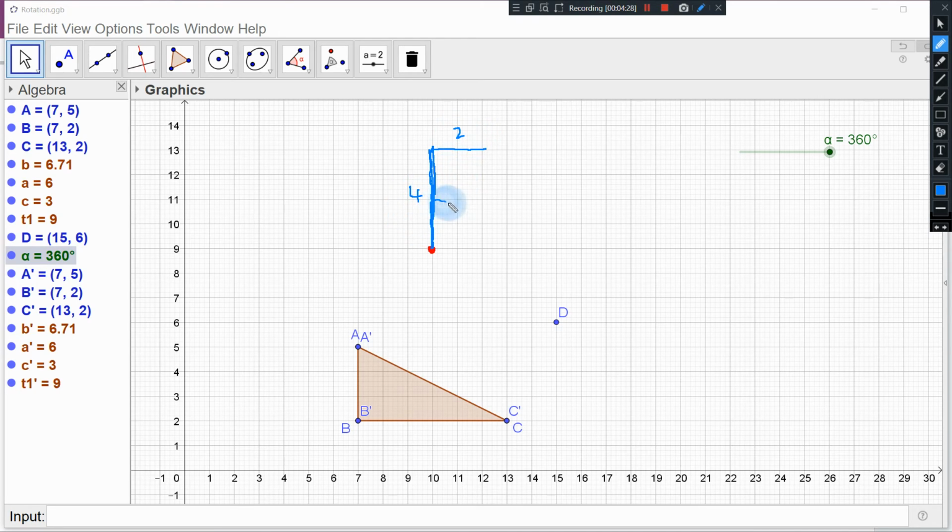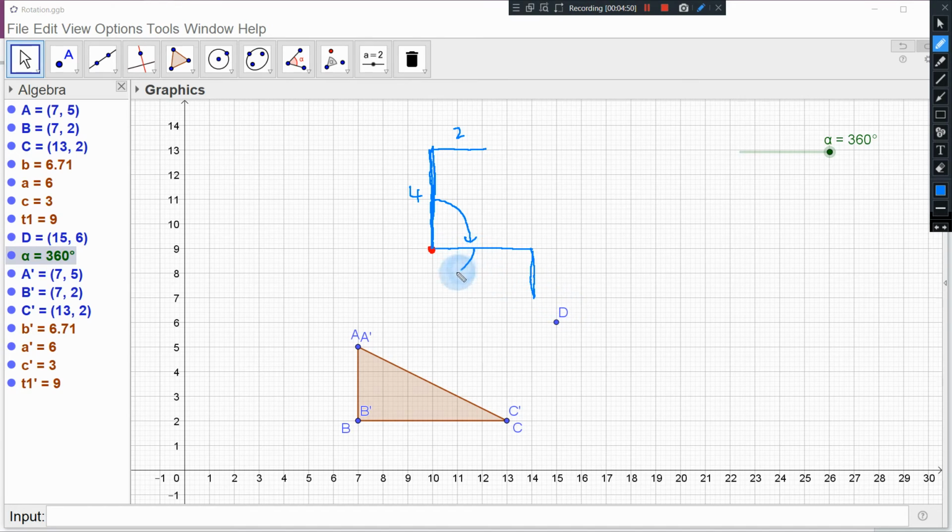If I rotate it clockwise 90 degrees, it will go this way. This is 4, 2, 1, 2, 3, 4. But here you have to be careful, not going up but going down.